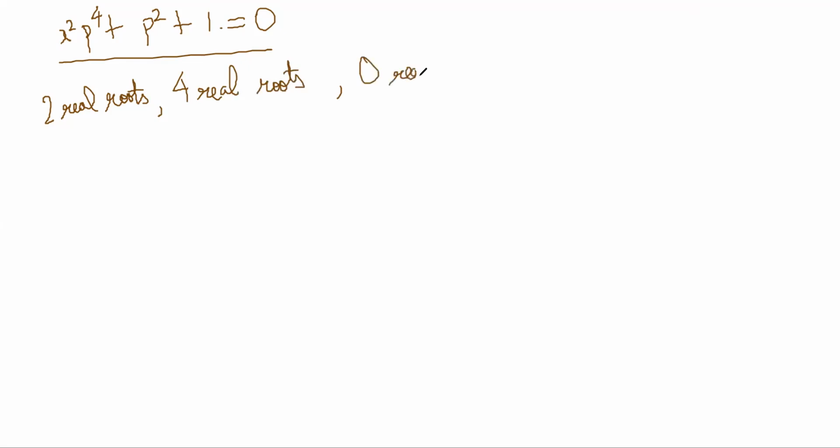So we are not going to concern ourselves with imaginary roots. Imaginary roots will come in pairs. So it will either be 2 or 4 or 0 real roots, right?